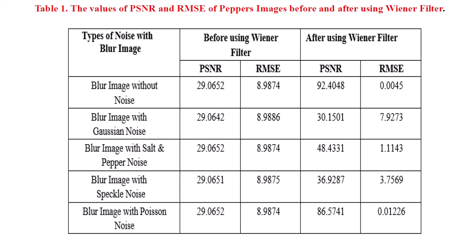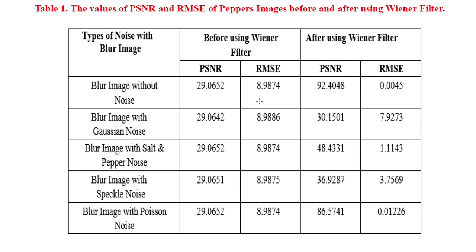Case 1, a blur image without any type of noise, only original image add blur to the image to become blur image. Before using winner filter, the value of peak signal to noise ratio is 29 and the value of mean square error is 8.9.